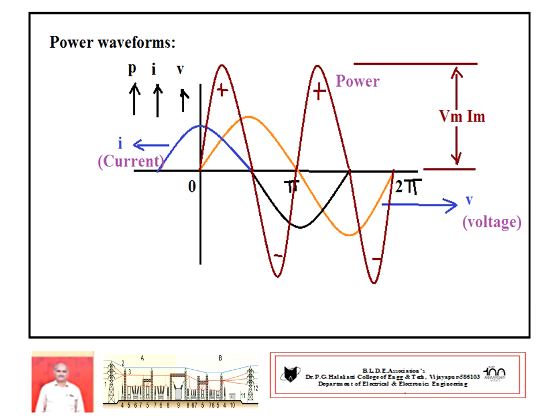So the power also becomes positive, because power equal to V into I, and both are positive values. In a similar manner, go from 90 degrees to 180 degrees, pi by 2 to pi. Voltage is positive, current is negative. So we get the power wave as negative, because power equal to positive V into negative I. In a similar fashion, we have to draw the power waveform.